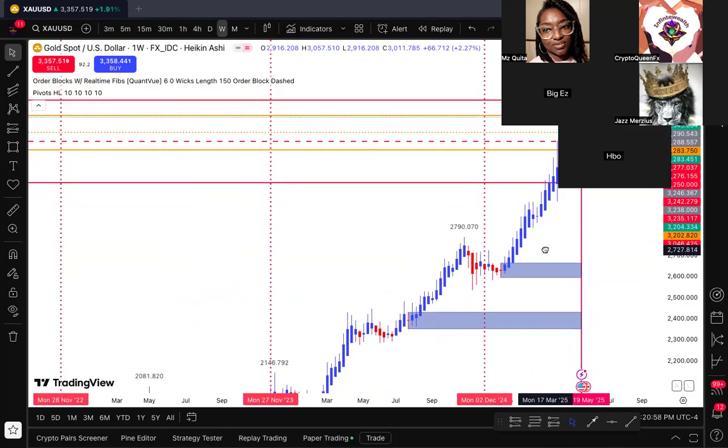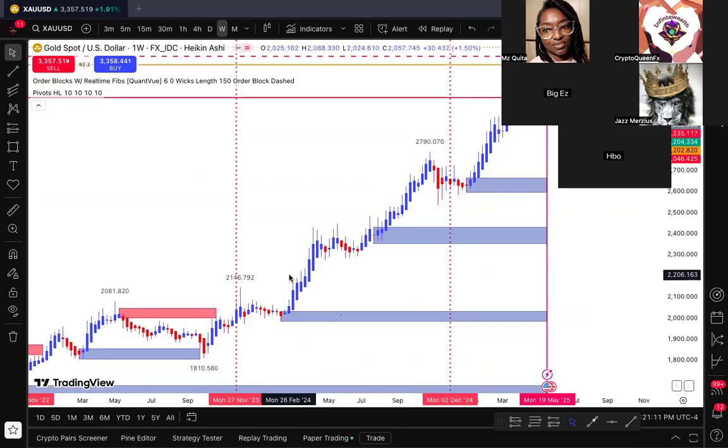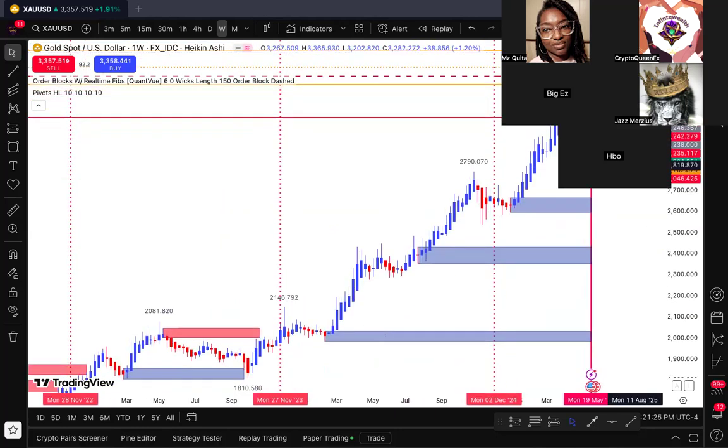When you look at it from a weekly stance, you see that those are pullbacks because it's been trending up since October 2023 or November 2023.